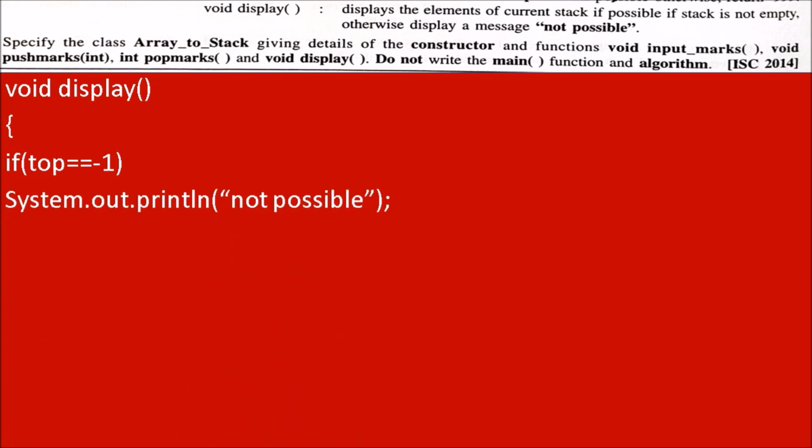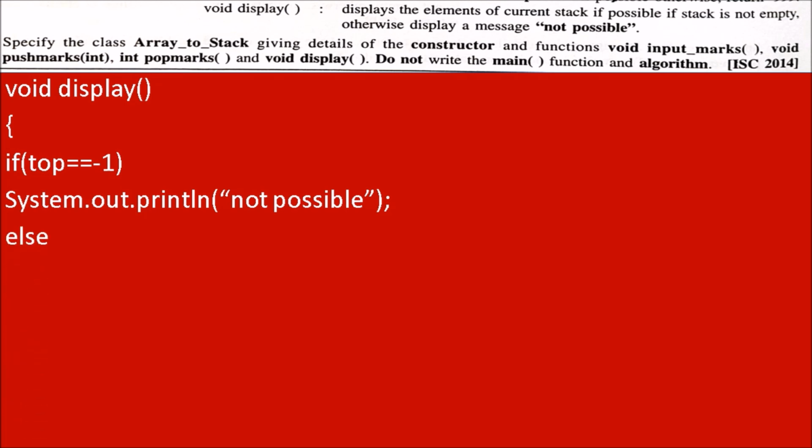Now the last function is the display function. It displays the elements of the current stack if possible. If the stack is not empty, that means, otherwise display the message not possible. So first we have to check whether the stack is empty or not. The condition is if top equals to -1, that means the stack is empty. So we have to display the message not possible.